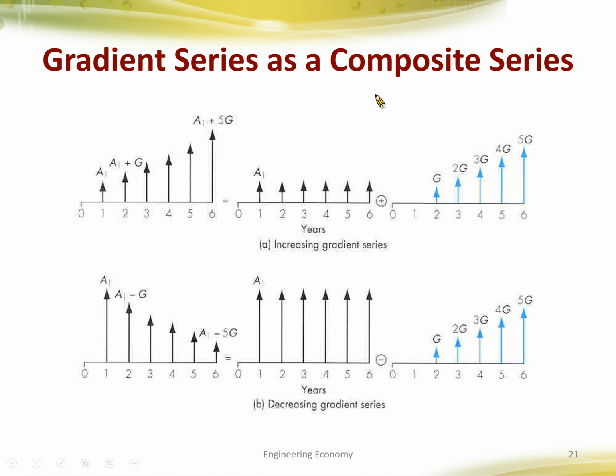So sometimes we can decompose a series of cash flow, so that each of the decomposed parts will be very easy to process. Then we can process them separately and add them together or subtract them, so that we can get the result more easily.